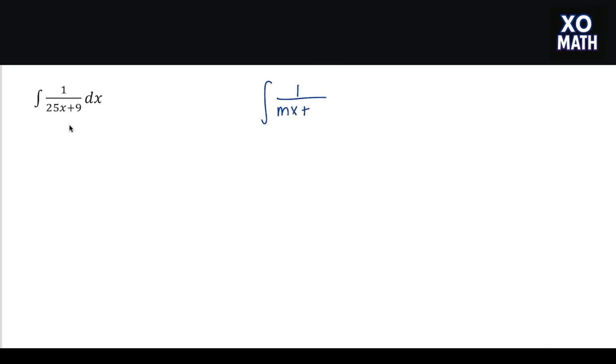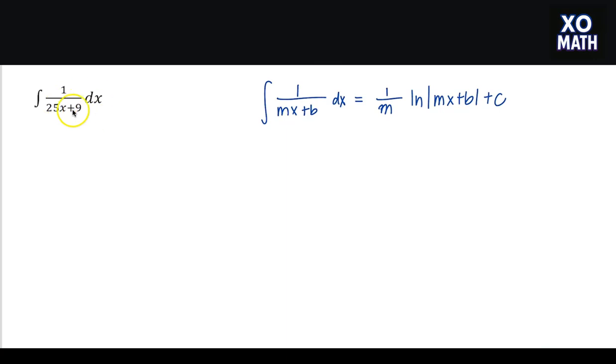But if instead I have 1 over some line, mx plus b dx, the antiderivative is 1 over the slope, so the slope is m, so 1 over m natural log of the absolute value of mx plus b plus c.